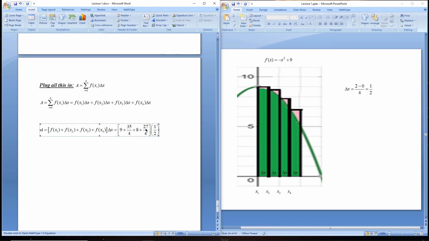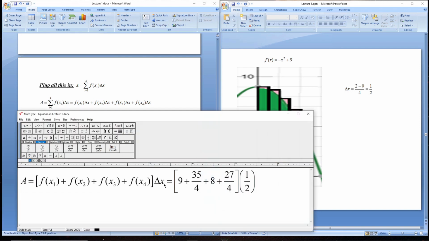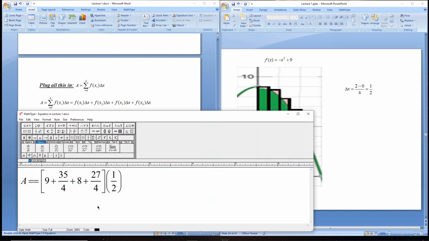So if you like numbers, we'll just finish this off real fast to get our final answer here. We would have to do a common denominator for all this. So a common denominator for 9 here will get us a 36 over 4. And 8 with a common denominator of 4 would get us a 32 over 4.